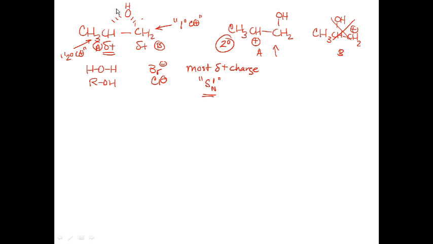So the intermediate is this type of structure. But we know from the regiochemistry that under acidic ring cleavage, the nucleophile, whether it's weak or has a negative charge, will always add to the carbon with the most substituents.